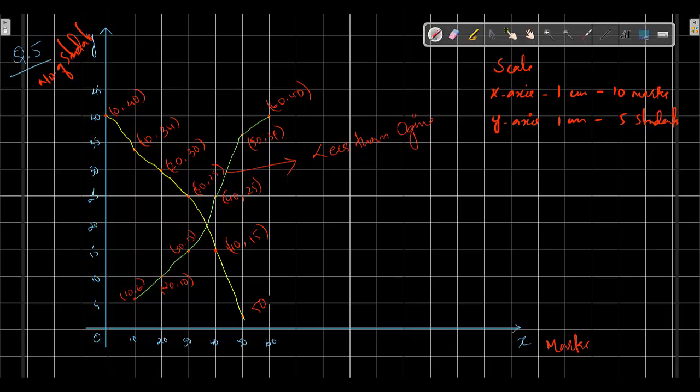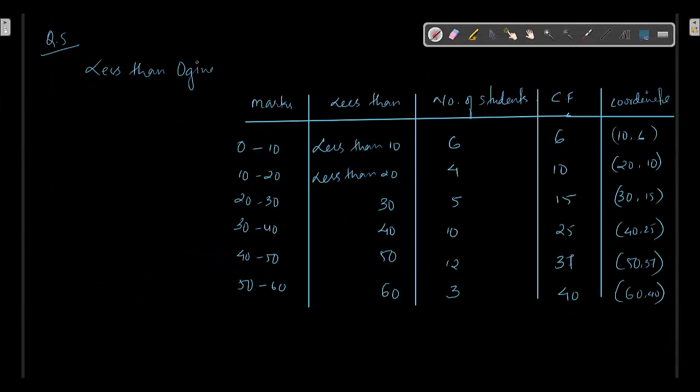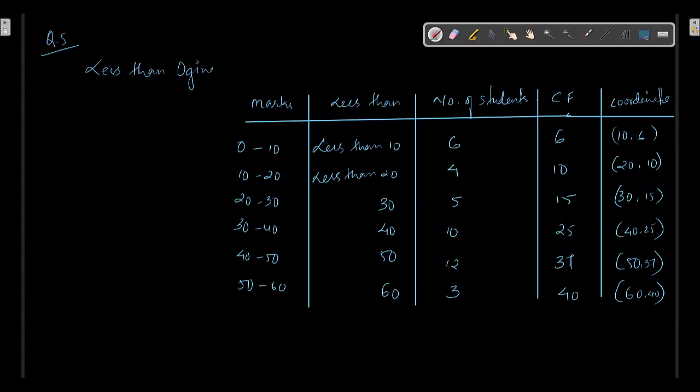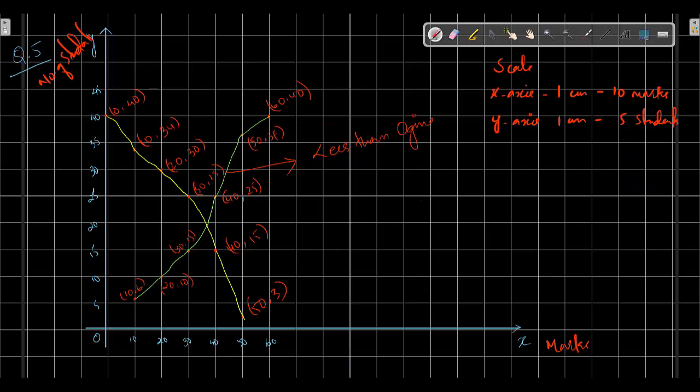And more than 50, it is 3. I hope I'm right. Yeah, 40, 34, 30, 25, 15, 3. So here you can just make a line and write this is the more than ogive. Okay, so this is how we make the ogive graph.